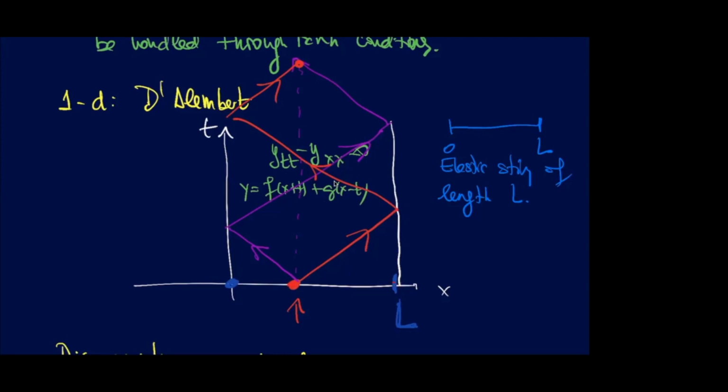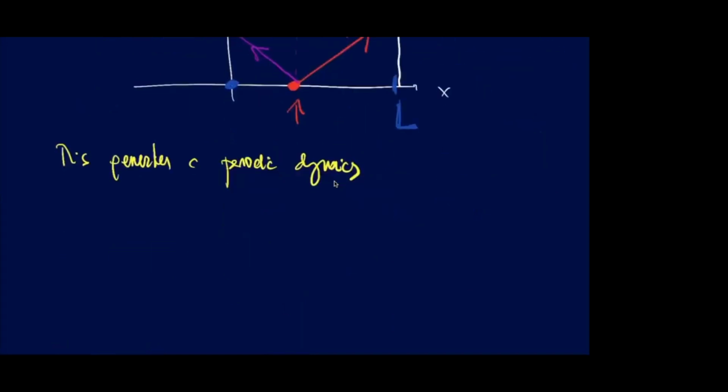And when you look at this broken segment plus this broken segment, the travel distance is again this plus this, equal to L.